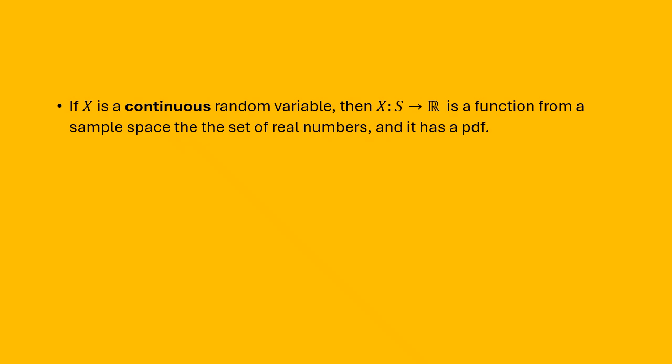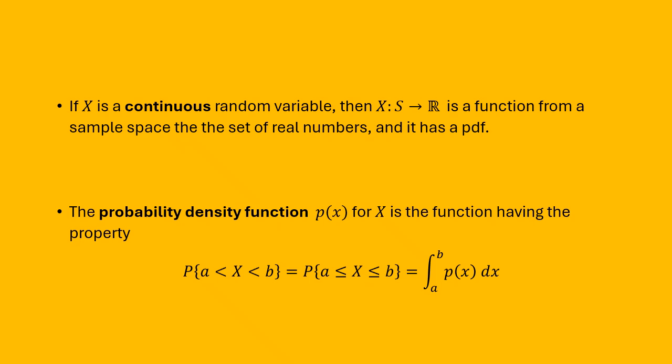If x is a continuous random variable, then x is a function from a sample space S into the real numbers, and it will have a PDF, a probability density function. The probability density function, we'll abbreviate that p of x, is the function having the property that probabilities can be calculated using this density function.